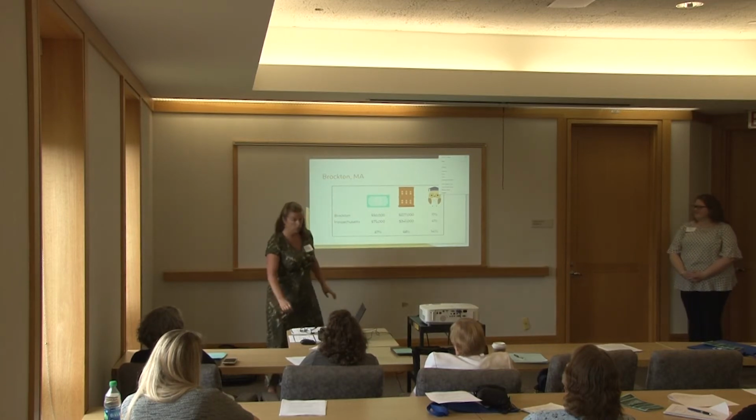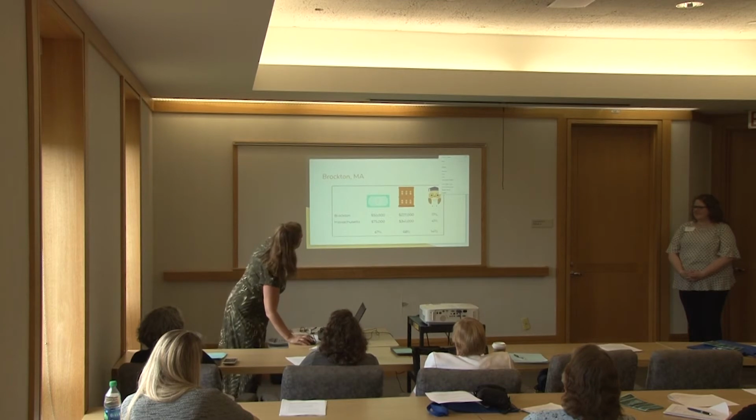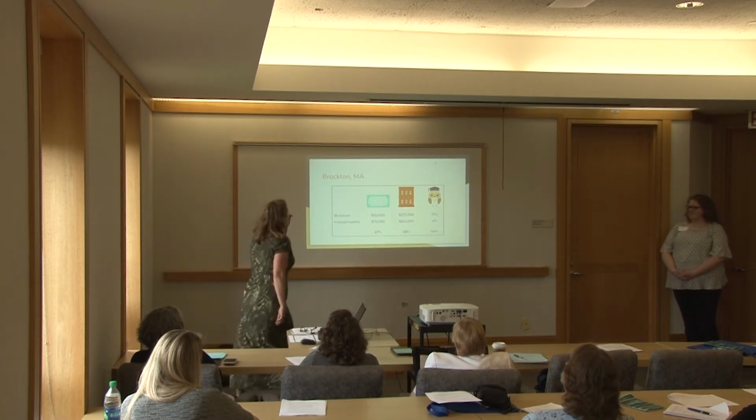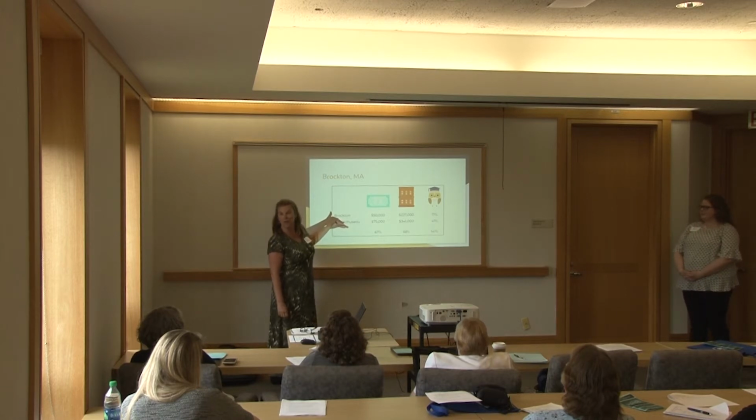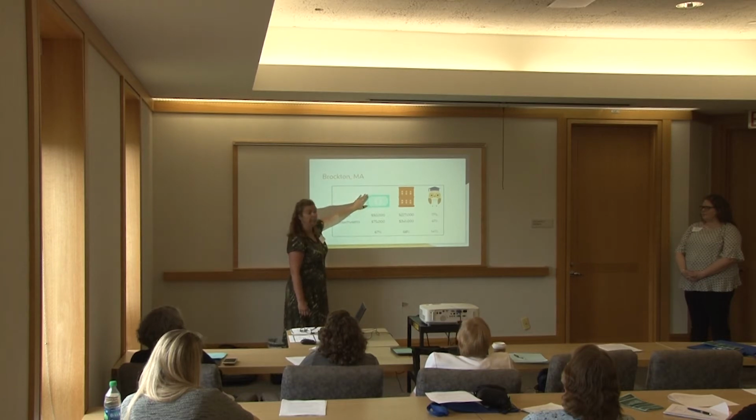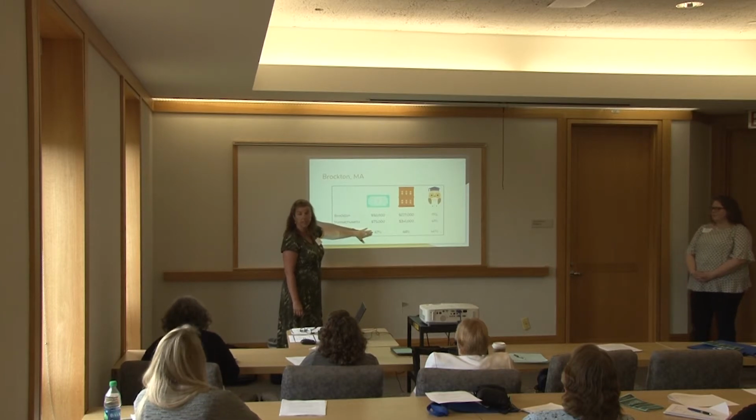So why do I have this thing? Okay, so pulling some stats together, I put a little infographic together, and you can see that Brockton across the board is not operating at the same level as Massachusetts, okay? This is median household income, so they're at 67% of the state average.